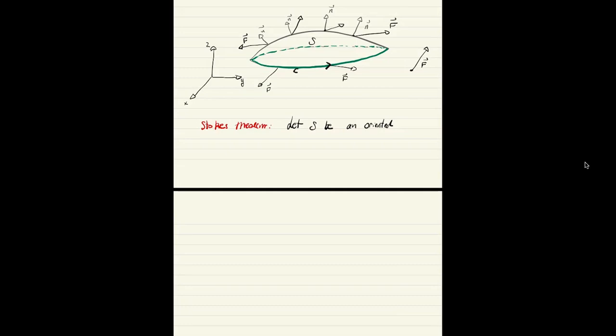Let S be an oriented piecewise smooth surface that is bounded by a simple curve.